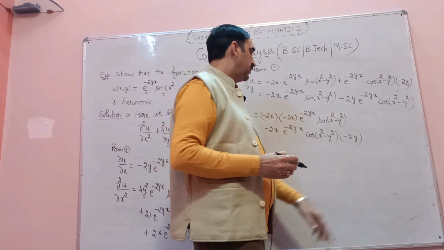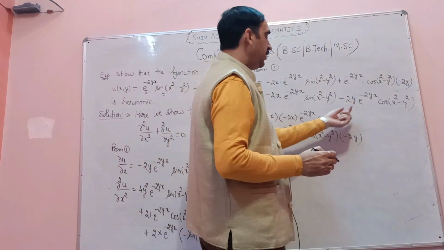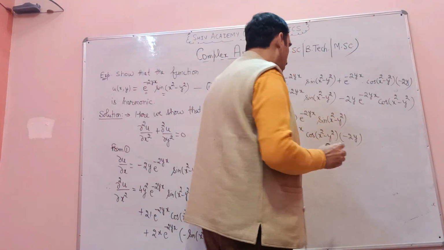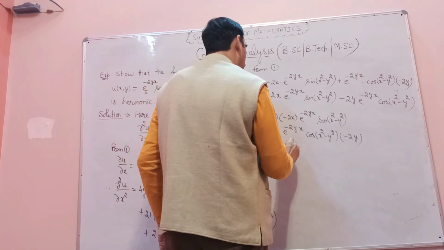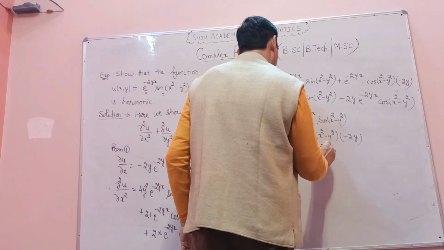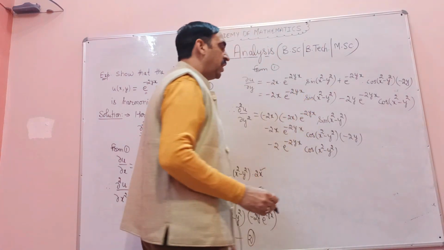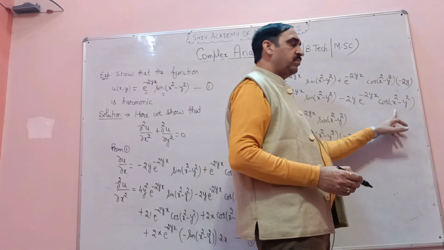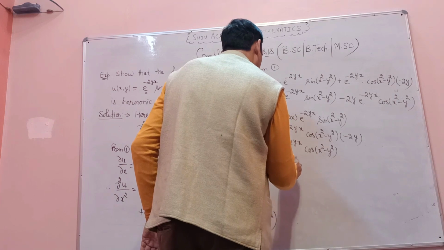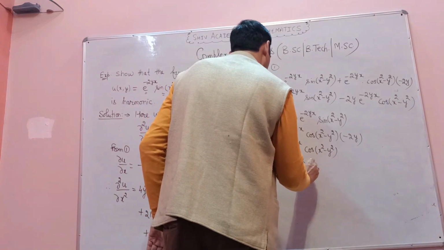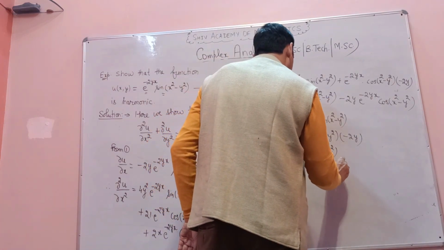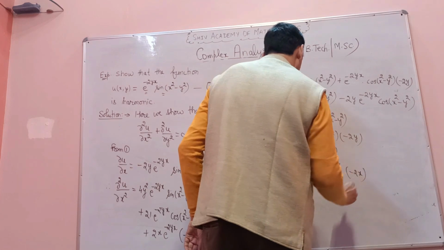Now come to this term. Again you can look at here, derivative of this y is 1. We keep all these terms as it is, and that means it is minus 2 e to the power minus 2yx, and it is cos of x square minus y square. Now we differentiate this term, keeping these two terms same, that is minus 2y cos of x square minus y square, and the derivative of this e to the power minus 2yx is minus 2x.